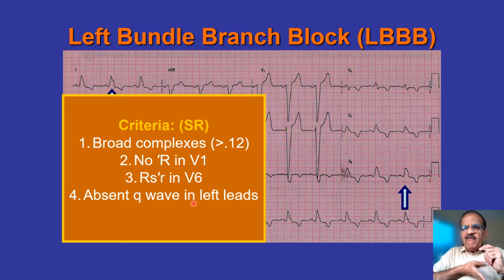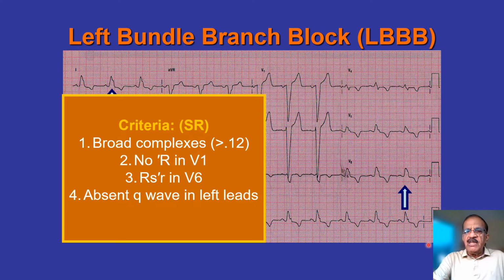So if you develop left bundle branch block, because the septal branch comes from the left bundle, if the left bundle is blocked, then septal depolarization will also not occur the normal way from left to right, and this Q wave will become absent. I hope I was able to explain this. If you have difficulty, you can pause the video and repeat it, then you will understand.